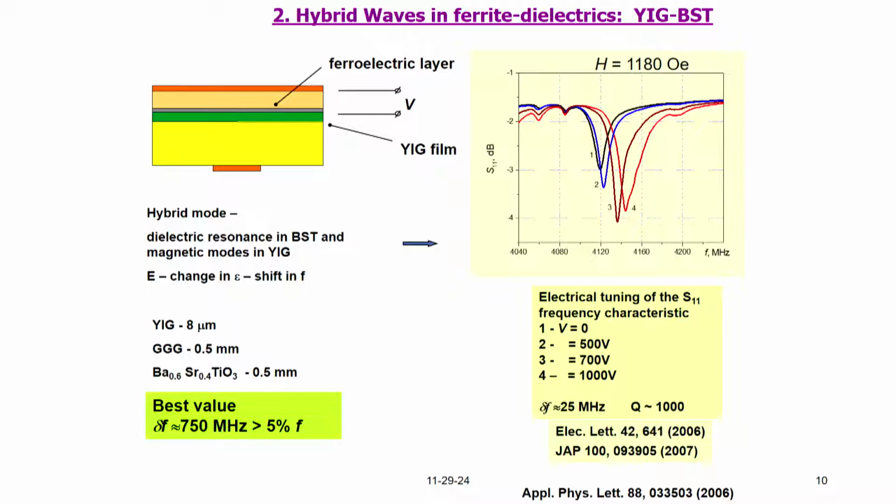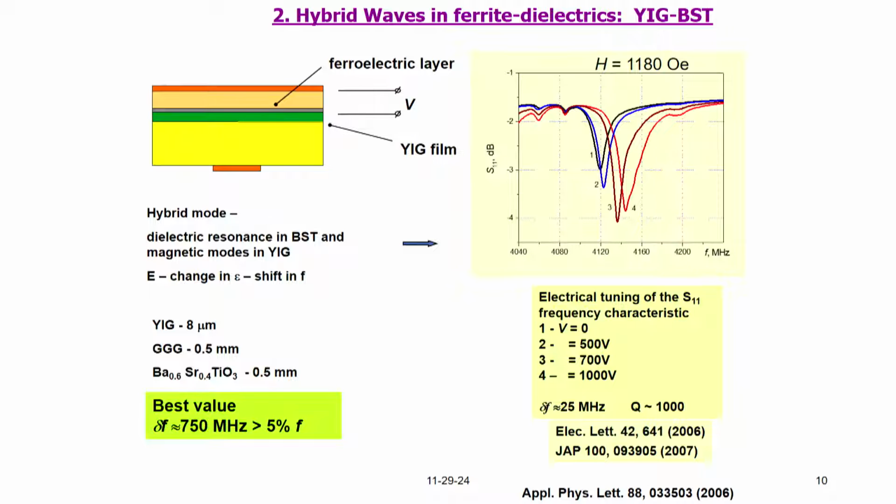Okay, so these are the hybrid waves that I was talking about earlier. What we have here is a ferroelectric layer made of barium strontium titanate, that is BST, and BST has a very high dielectric constant, and when you apply an electric field, you can tune the dielectric constant pretty well.